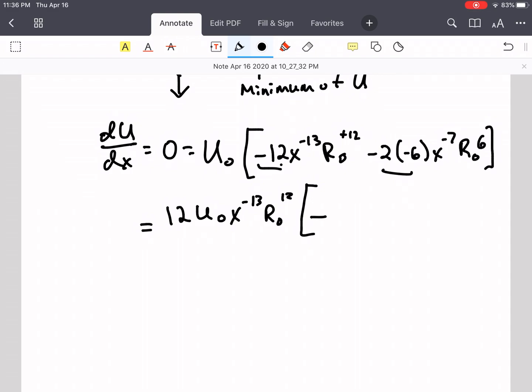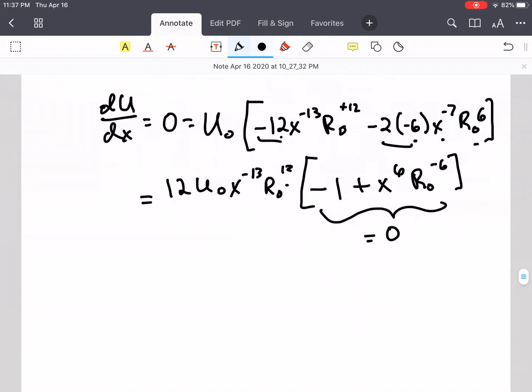I factorized out the 12, so that's just negative 1. X to the minus 13th, that's gone. R0 to the 12th, that's gone, so that's just negative 1. Plus 1, x to the minus 7th. I factor out x to the minus 13th, so that's x to the positive 6. And this R0 to the 6th, once I factorize, is R0 to the minus 6th. So that whole thing is equal to 0. And the only way I can make that work is if this thing in brackets is 0. So 0 is equal to negative 1 plus x to the 6th over R0 to the 6th.